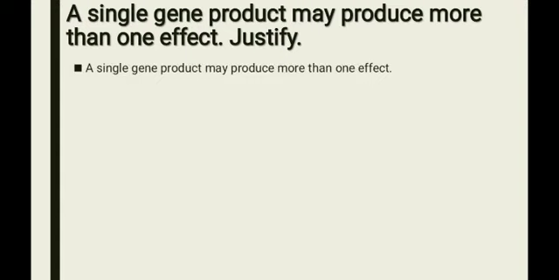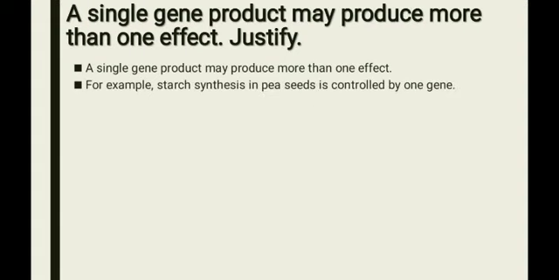Next is: a single gene product may produce more than one effect. Justify. So what is that? A single gene product may produce more than one effect. Example: starch synthesis in pea seeds.